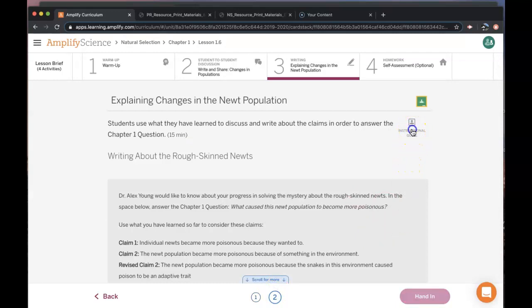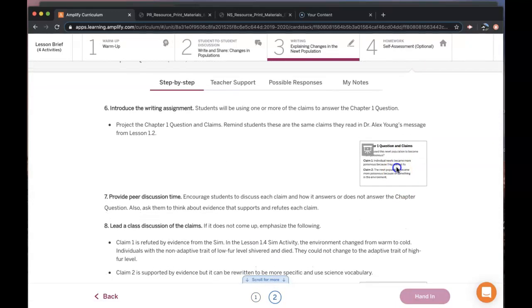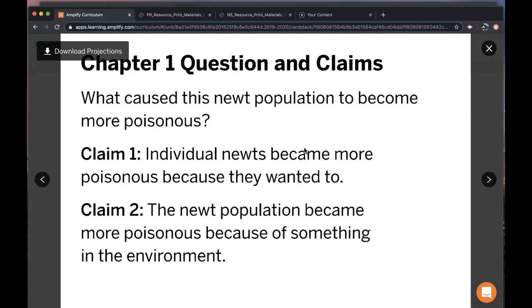So we have a chapter question that we're trying to answer now, and that is what caused this newt population to become more poisonous? So claim 1 says that individual newts became more poisonous because they wanted to, and claim 2 says that the newt population became more poisonous because of something in the environment.